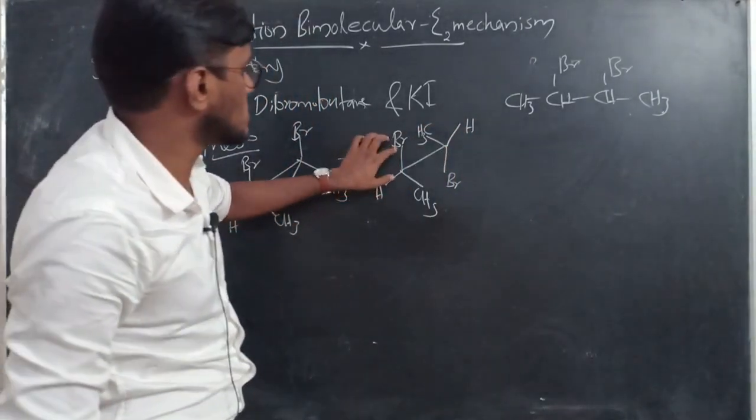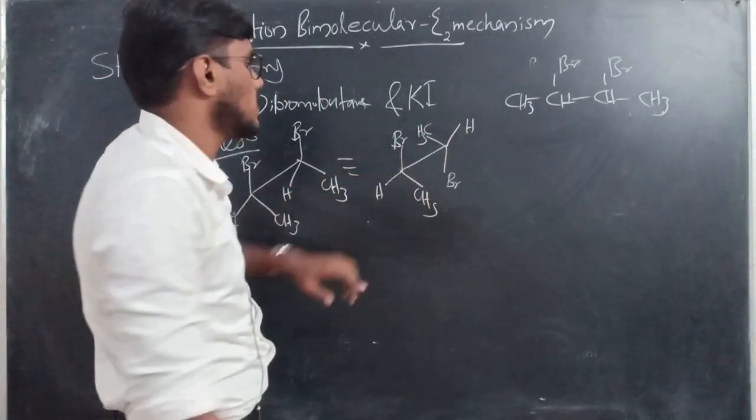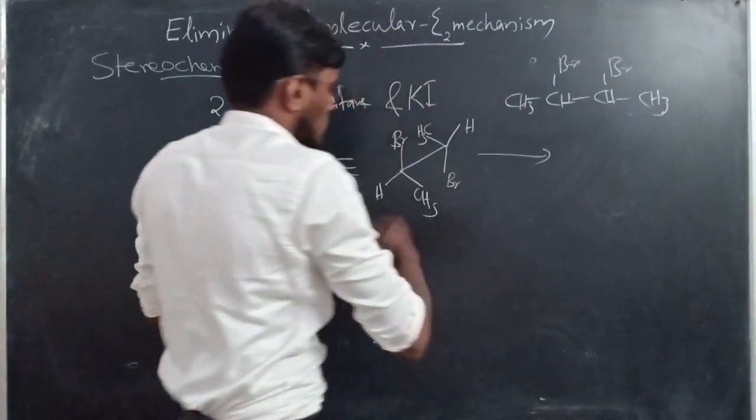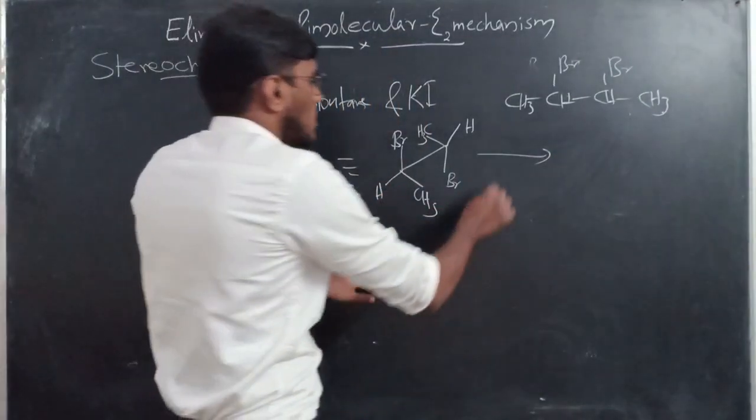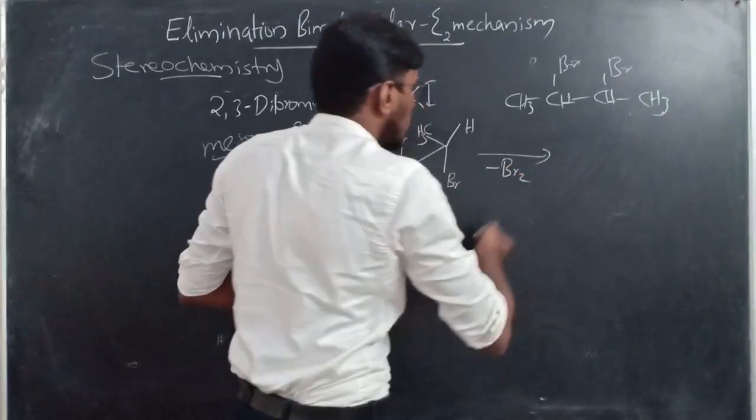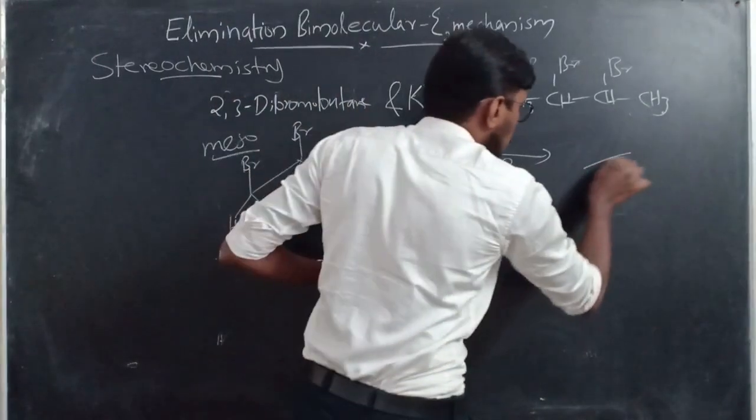Okay, so this Br and this Br are anti to each other. Elimination occurs by reaction with KI, and minus Br2 eliminates and forms an alkene.